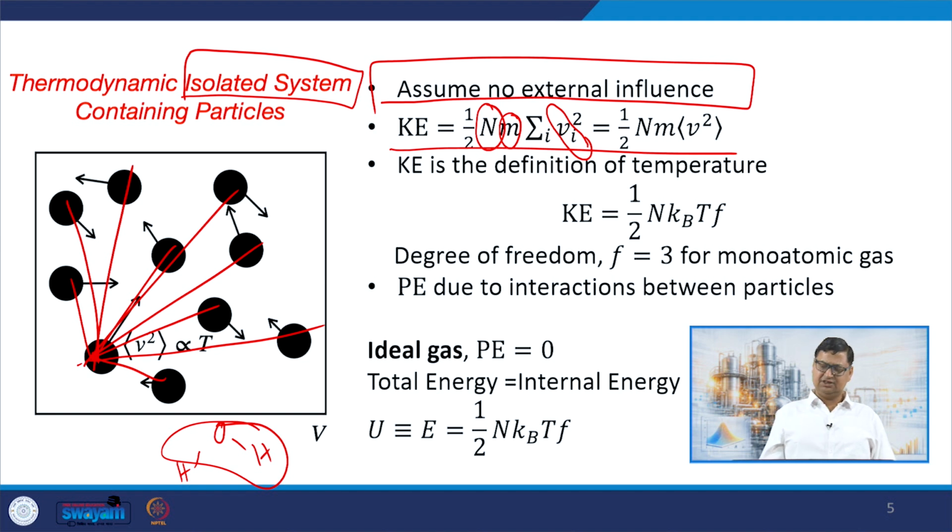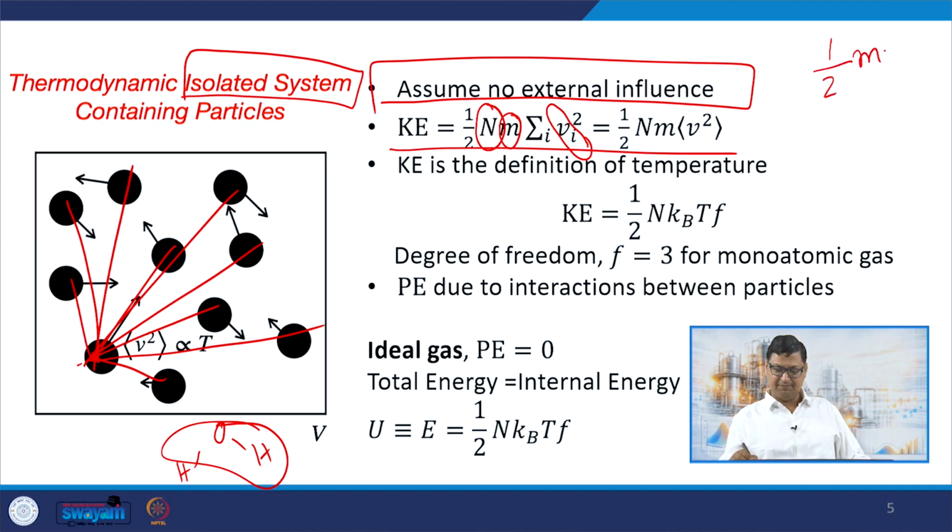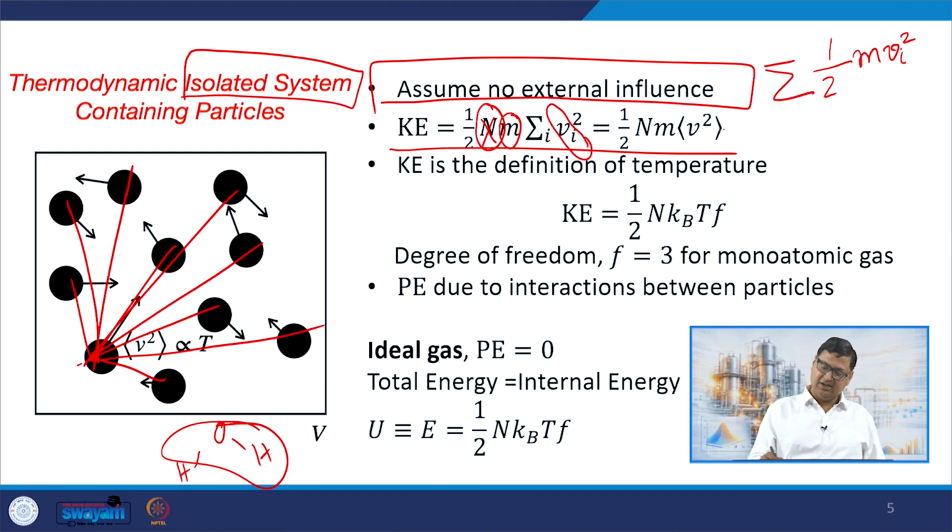So the kinetic energy of the ith particle is something like half m Vi squared, and if I sum it over all the particles, by the way there should be no n here, we will get something like this, where this average V square is the average squared velocity of the particles, and that average V square is assumed to be proportional to the temperature of the system.